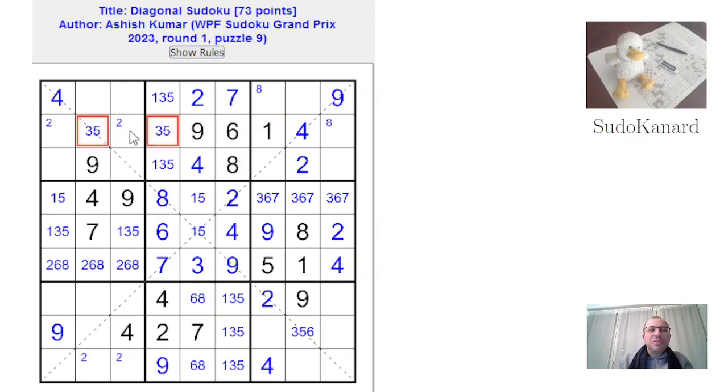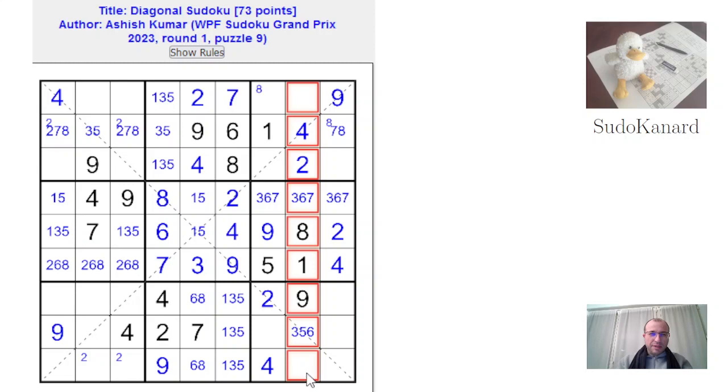So we need 2, 7, and 8 to complete the row. So I was saying 1, 3, 5, 6, 7. 5 candidates here, not interesting. 5 candidates here, not interesting.